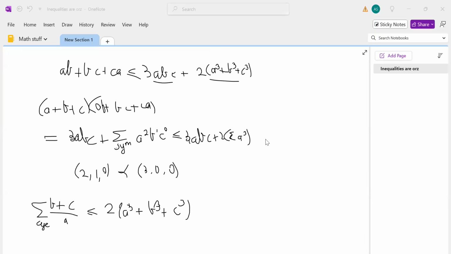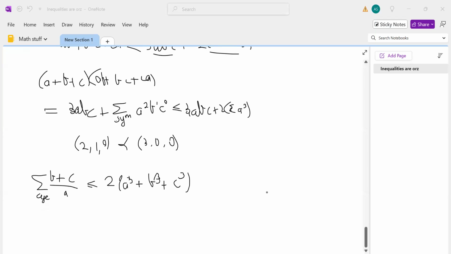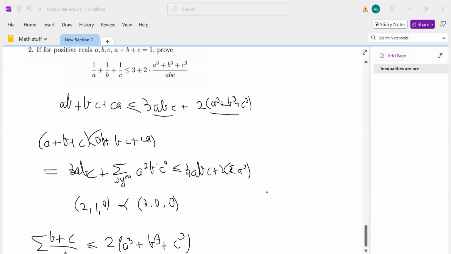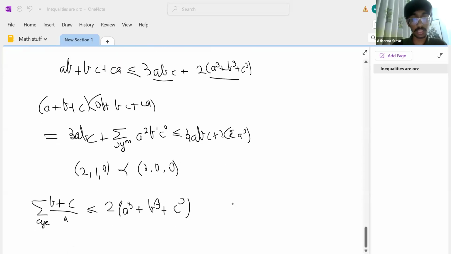I guess so. Like you write 1 by A is A plus B plus C by A. Yeah, that's what I did, right? I substituted A plus B plus C here, and you get 1 plus B plus C by A. But then the 3's just cancel out. So that's your idea, right? You get this as each term.